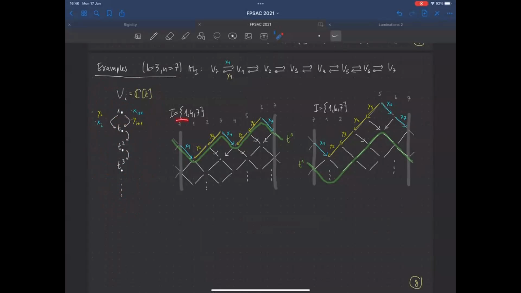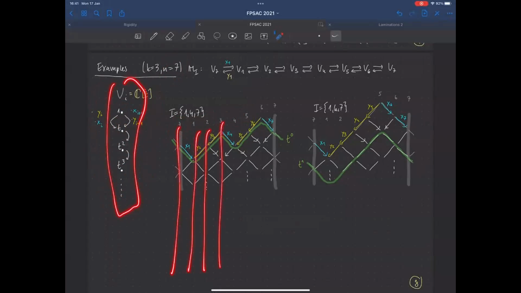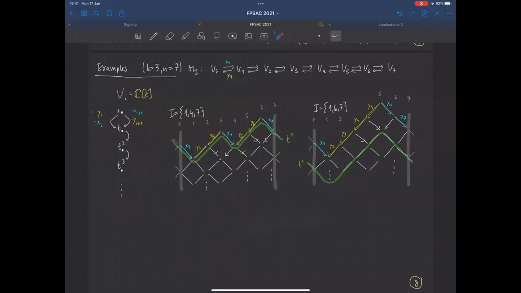Now, in my gamma 7, going back to 7, I would have 7 vertices. At each of these vertices, I want to have a copy of the center. This is a column like this, an infinite column. And I have to say how the x's and y's go between them. I said that x is a multiplication by 1 if my I belongs to the subset.